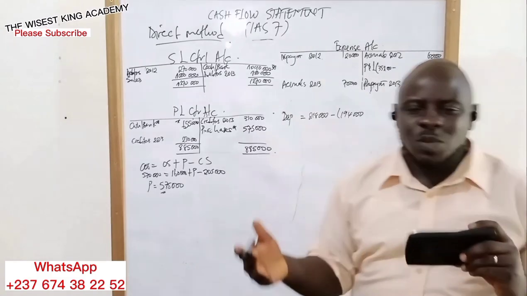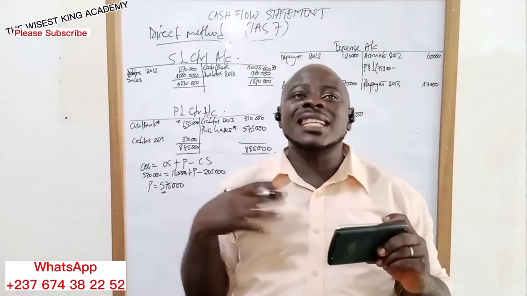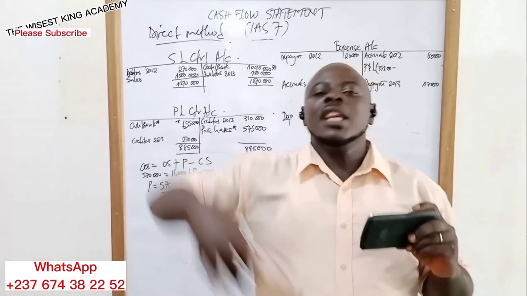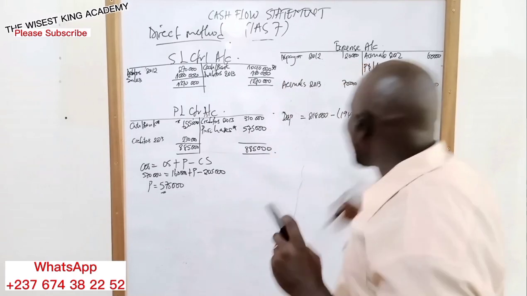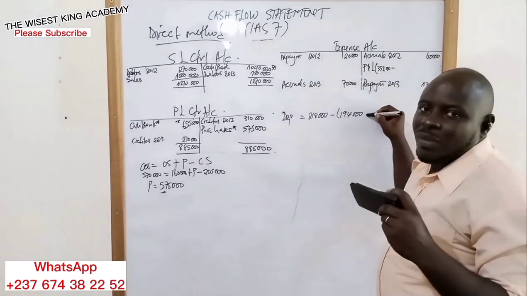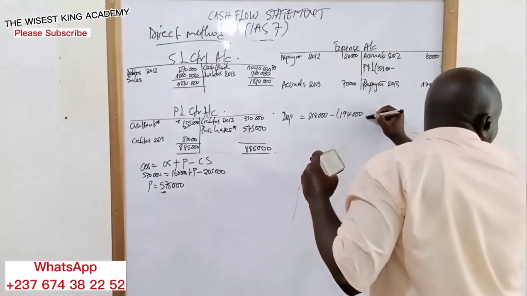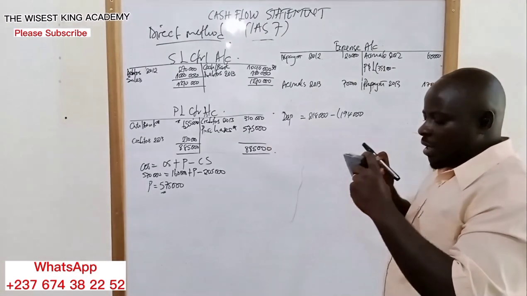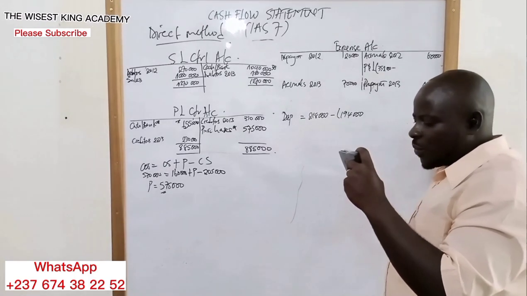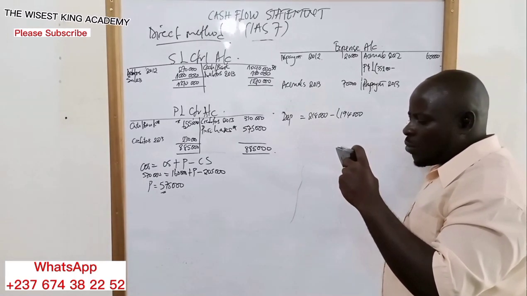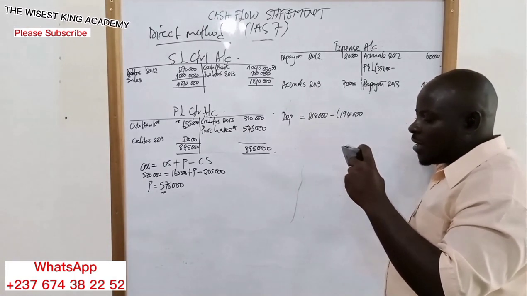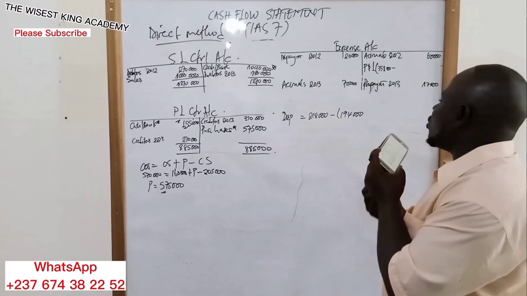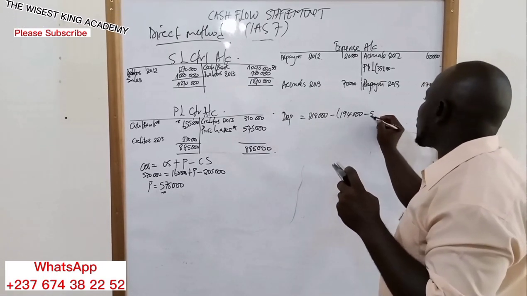But there was a disposal of non-current assets. When an asset is disposed, the cost is removed and the accumulated depreciation is removed. Remember, at the beginning of the period, the accumulated depreciation of the asset disposed was included here, so we need to remove it. If we go back to the additional information, we're told that equipment with an original cost of 12 million and an accumulated depreciation of 5 million was disposed. So I need to subtract the 5 million from here.